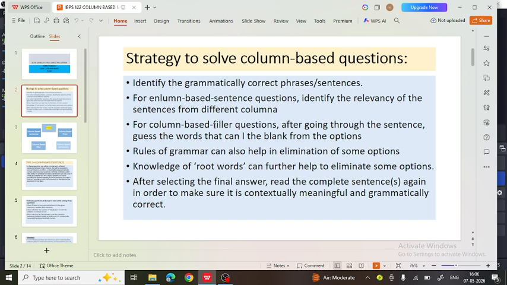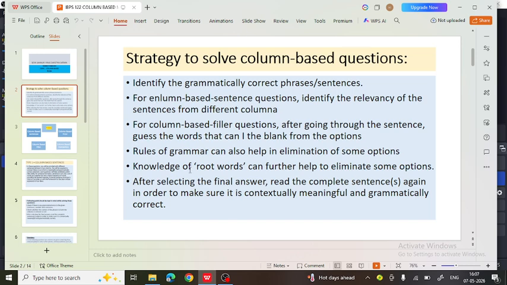Next, for a column based pillar question, after going through the sentence, guess the word that can be used to complete the blank. Next, rules of grammar can also help in eliminating some options. If the sentences do not fulfill the rules of grammar, you can eliminate such options and then reach the correct option.